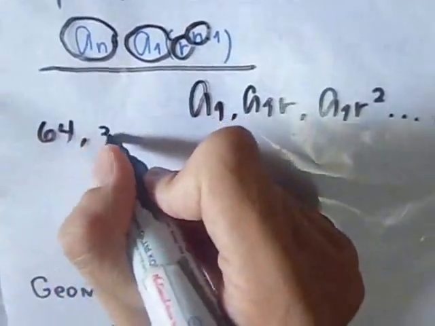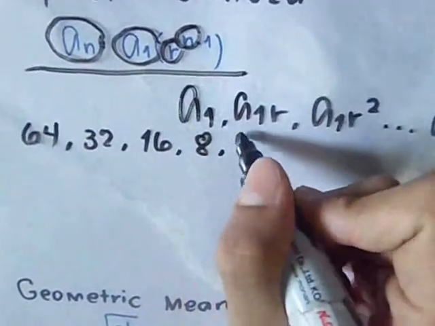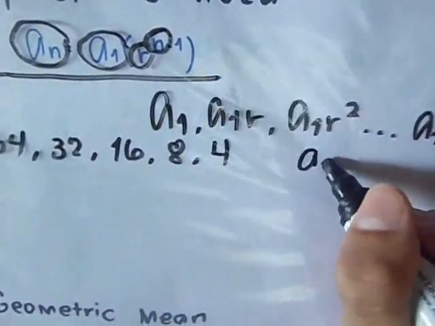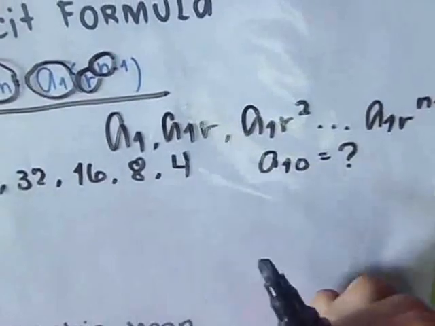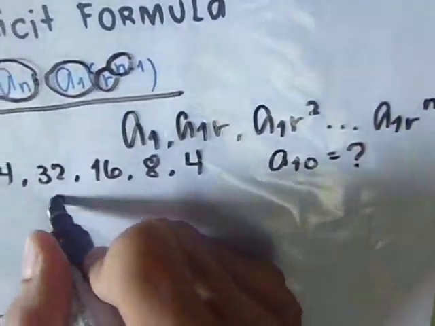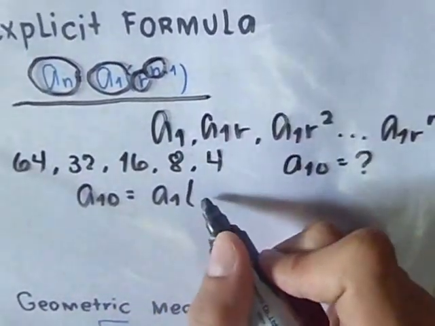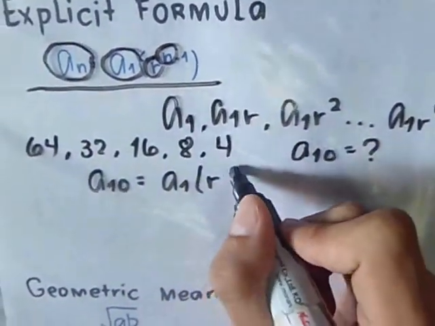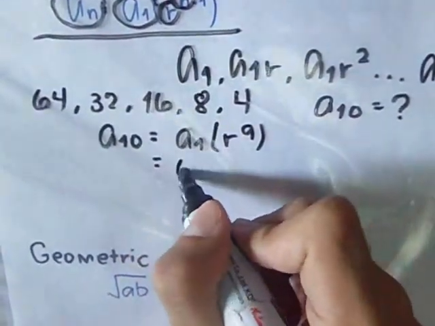Given the sequence 64, 32, 16, 8, 4, and so on, let's find a sub 10. Substituting in our formula, we have a sub 10 is equal to a sub 1 multiplied by r raised to 10 minus 1, which is equal to 9. A sub 1 is 64.